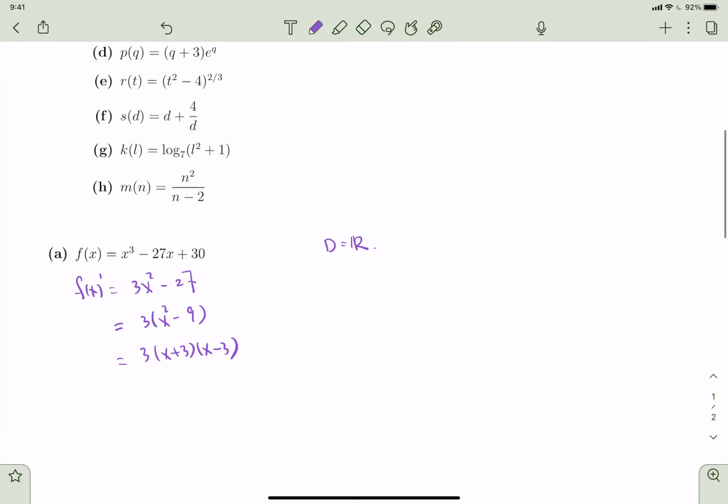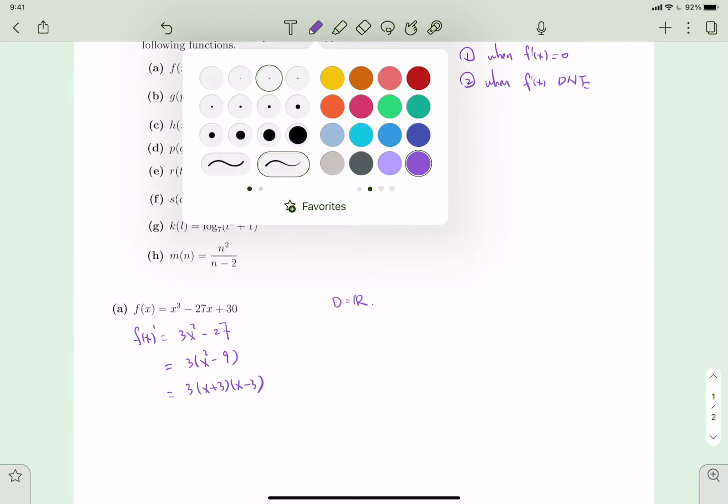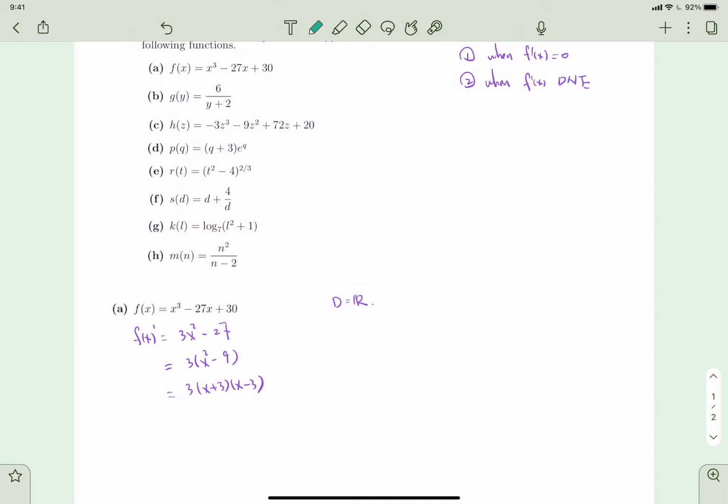Okay, so now let's try out these two types of critical numbers. So firstly, we know that this derivative is also a polynomial, right? Which always exists because the domain of a polynomial is all the real numbers, right?